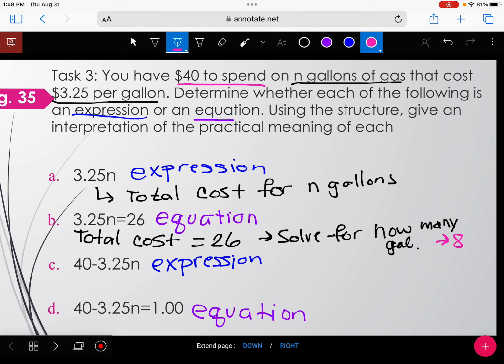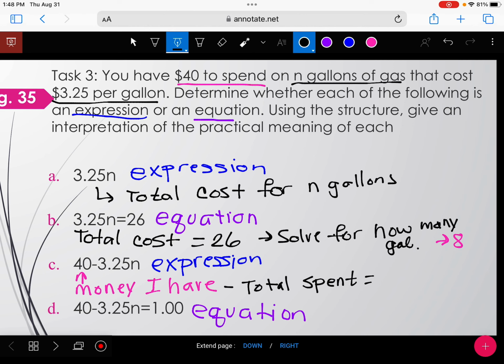It's like money I have take away the total spent. What's that going to give me if we put that in context? If we take the money I have and take away the money I spent.